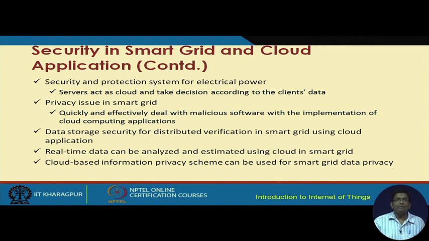We have the privacy concerns inherent to the cloud, plus the privacy concerns of the traditional smart grid, and how these two can be addressed in an integrated way is something that different researchers are looking into.